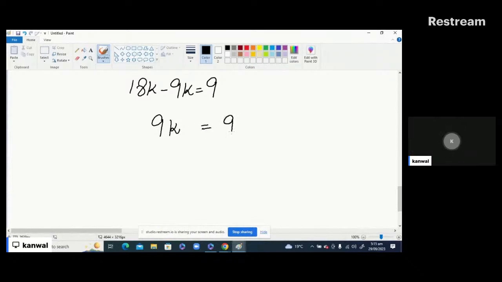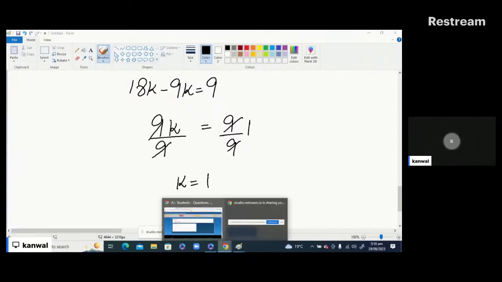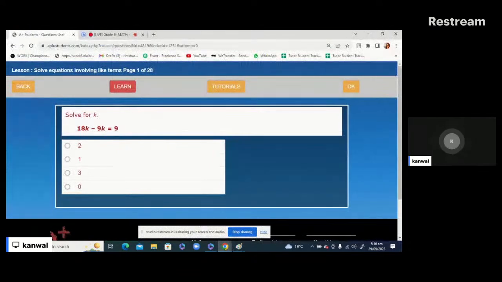That is equals to 9. Now divide it on both sides with 9. Here is only 1, so the value of k is 1. Let's check, is there any option for 1? Yes, here.